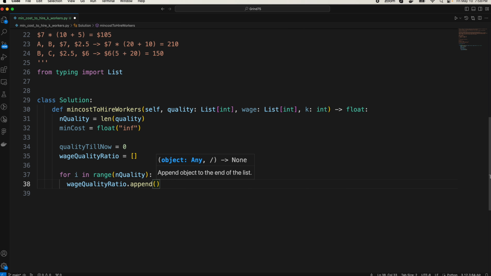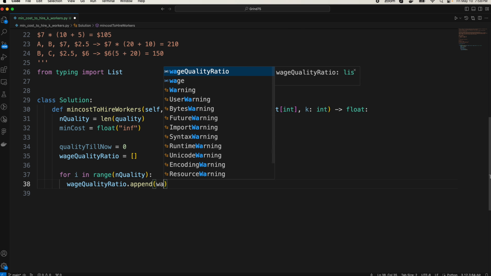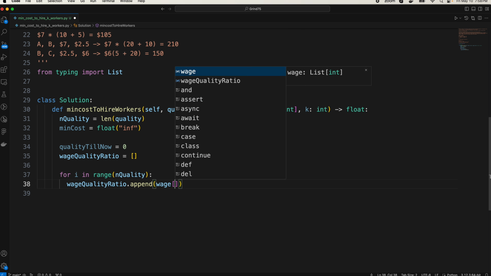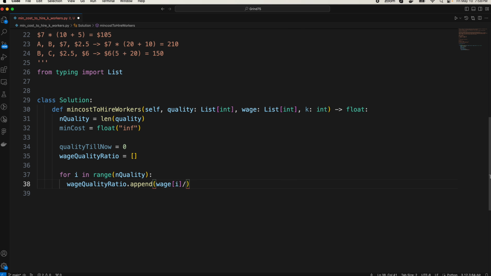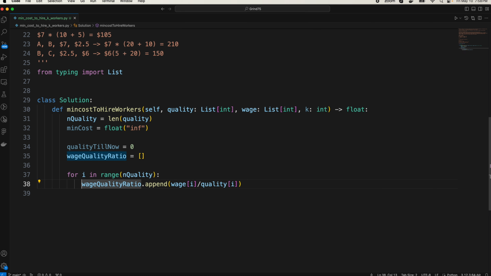We append the wage at the ith index divided by the quality at the ith index. So this will give us a ratio, but we also want to store the quantity so that we can reference that quantity later.